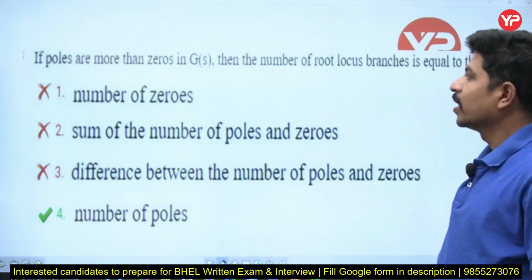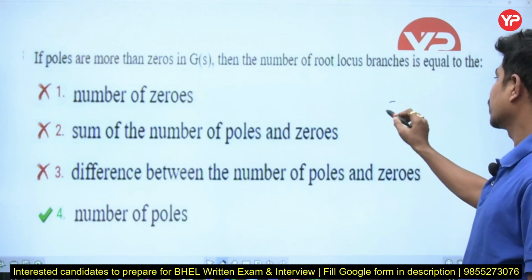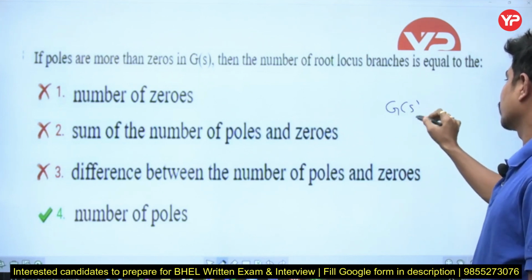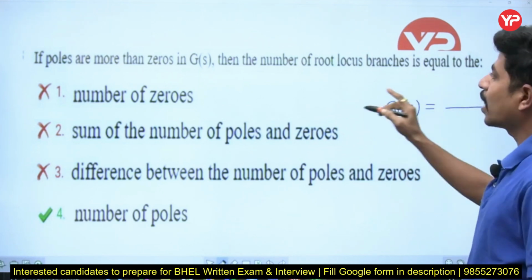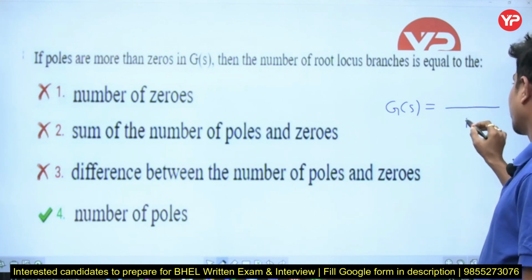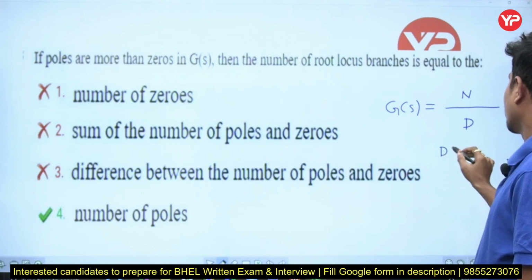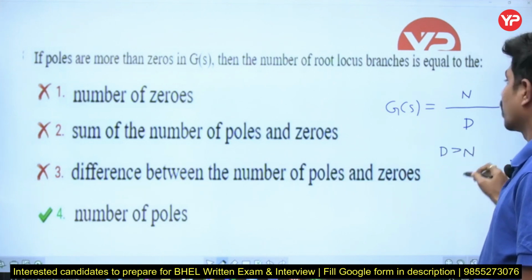The question is saying, if the poles are more than zeros, there is a transfer function here. Poles are more than zeros means, denominator is D and numerator is N, the denominator order is greater than the numerator order.